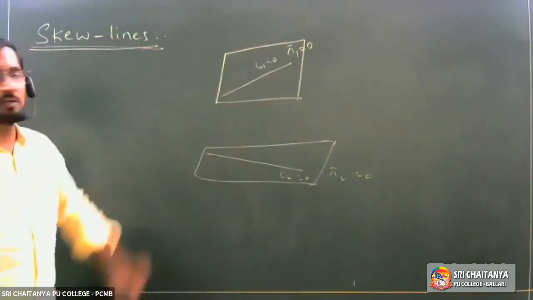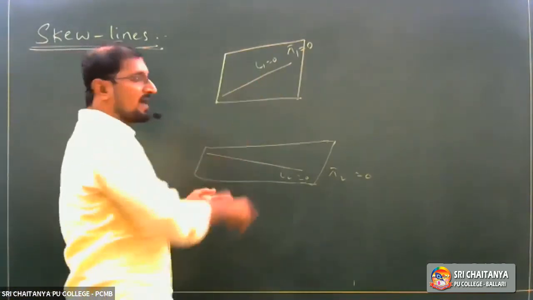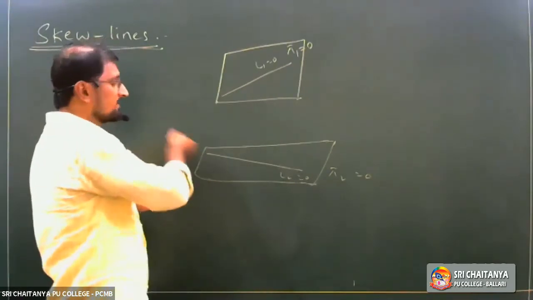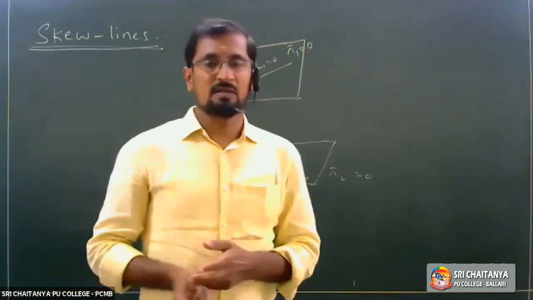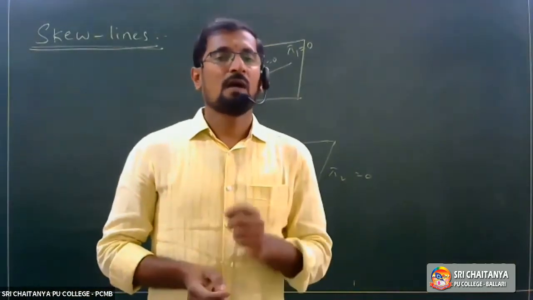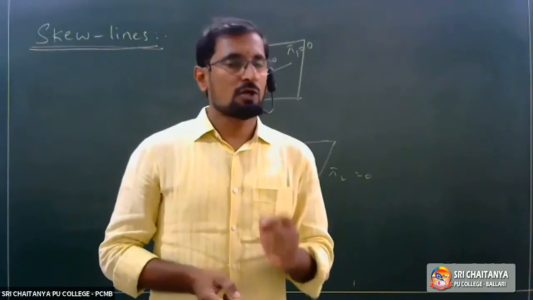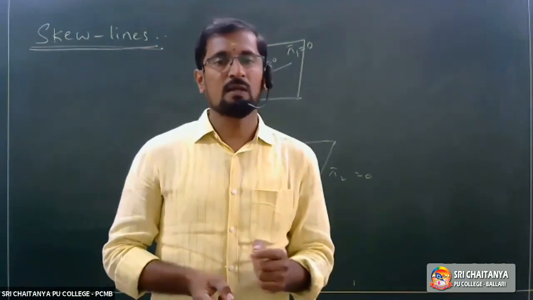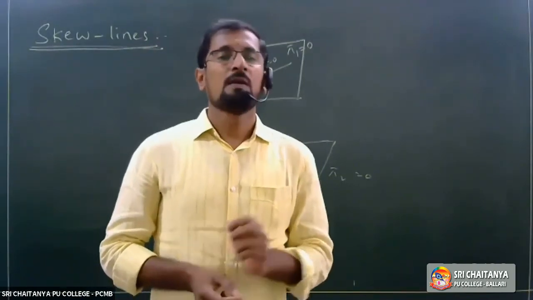These two are said to be skew lines. They are not parallel, and even if you extend them, they won't intersect. So I conclude the lines which are neither parallel nor intersecting are called skew lines.